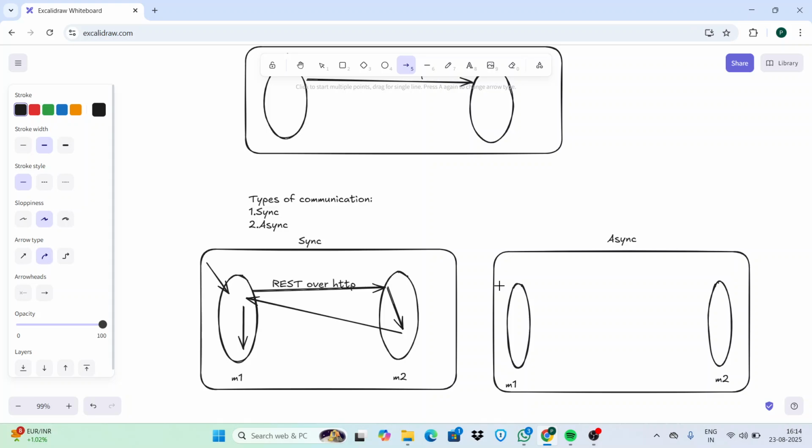Okay, M1 gets request and M1 has to communicate with the M2. So M1 sends request to M2 and M1 doesn't wait for the response from M2. Immediately it starts its further execution.